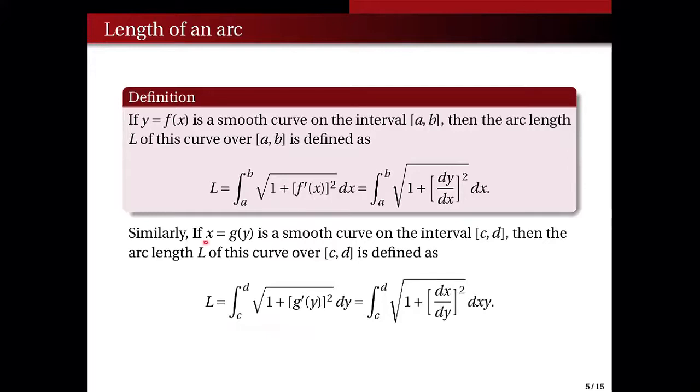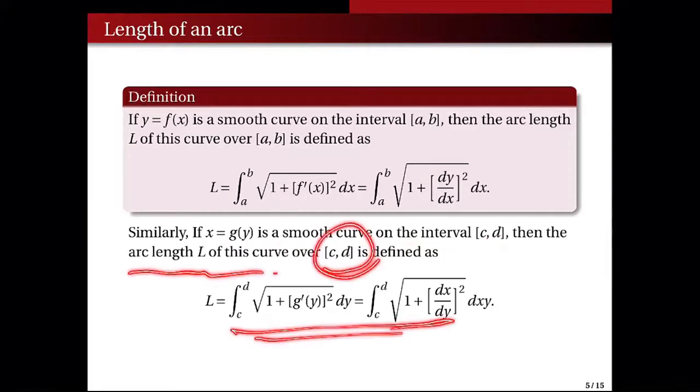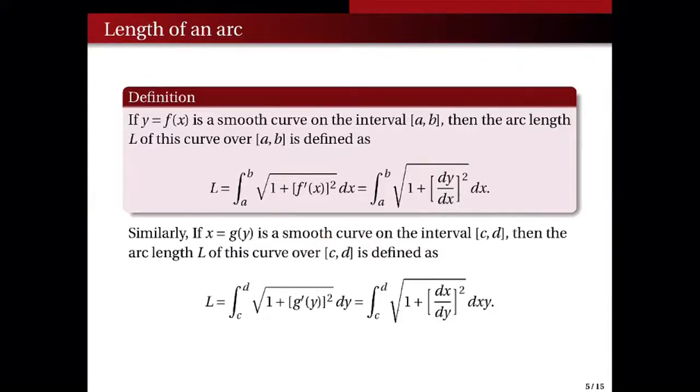So if x equals g of y is a smooth curve on the interval CD, then the arc length L of this curve on the interval CD is defined as follows. L equals the integral from c to d of the square root of 1 plus g prime of y squared dy, or you can write it as dx over dy here. That's your g prime of y.